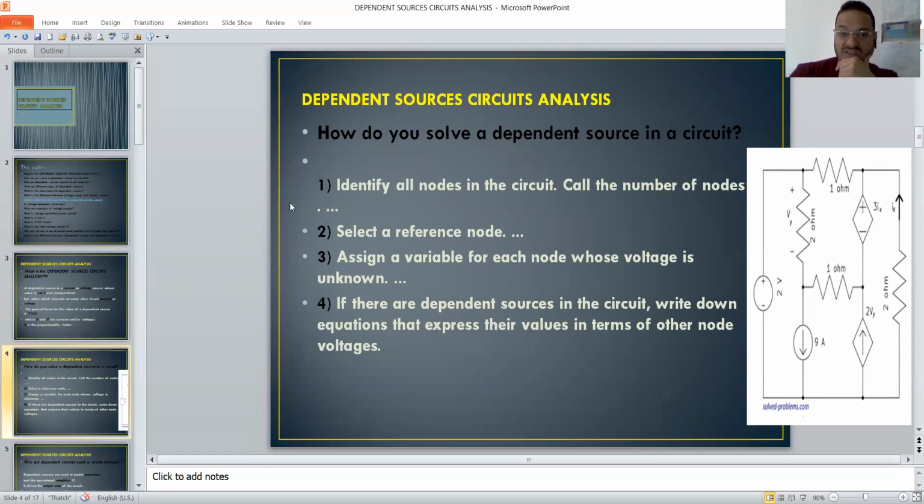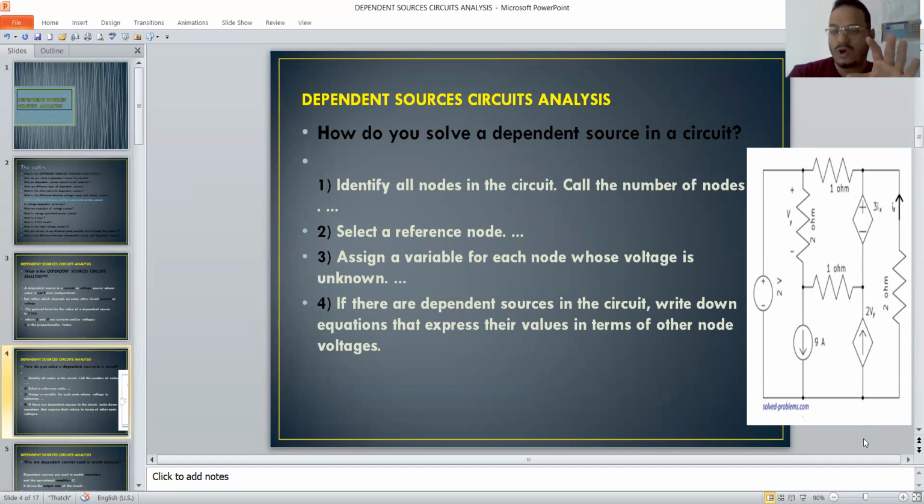Let's know what all of these are. Number one, identify all nodes in the circuit and count the number of nodes. What does that mean here? This node, and this another node, number two, three, four, five, six. That means here we have 6 nodes.